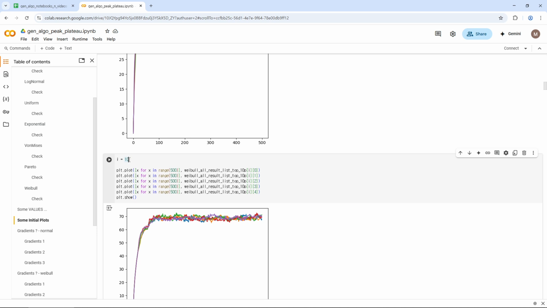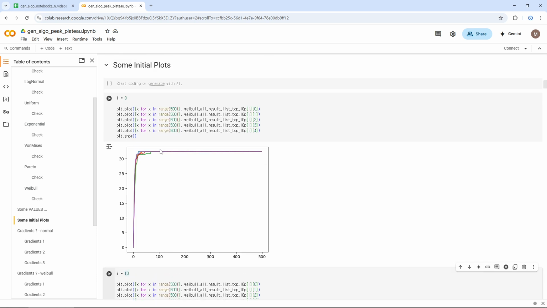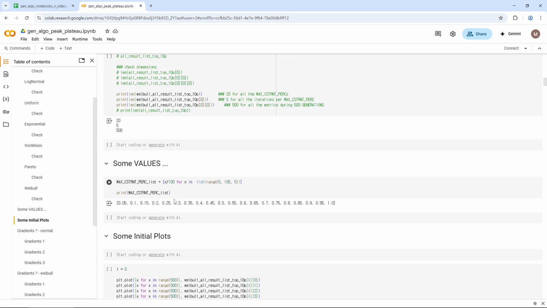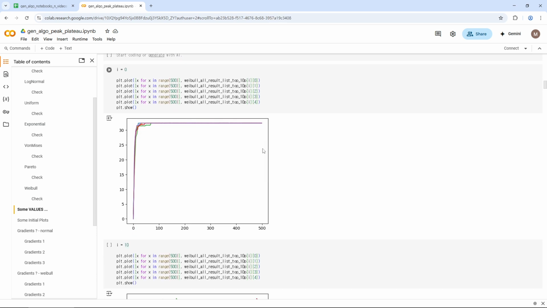This is probably the 11th, so that is probably 0.55, 11, 12, 13, 14, 15, 16, 17, 18, 19, 20, yeah, 0.55, so 55%.